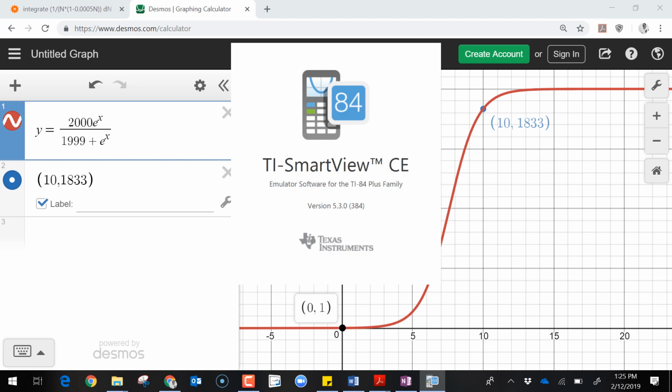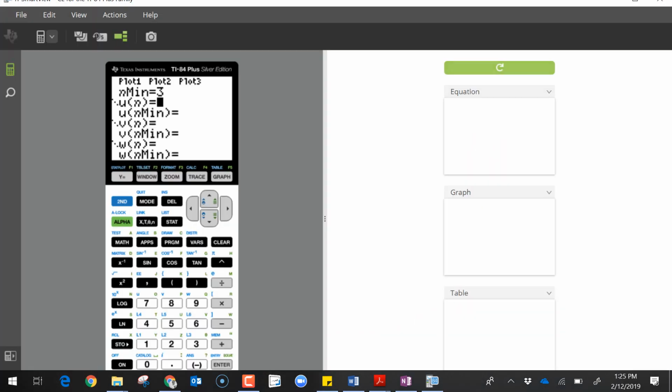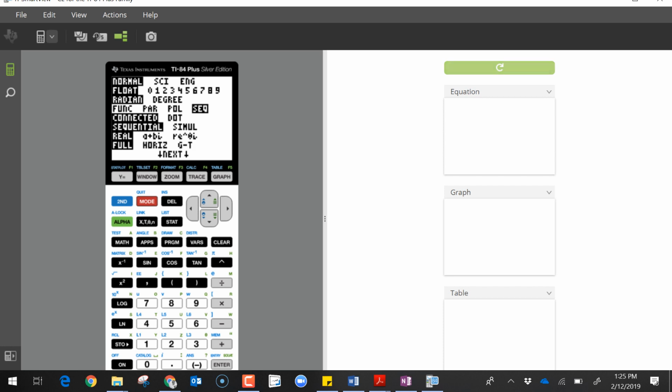And you have to properly adjust the window, right? There you go. Oh, I think I'm in the wrong mode here. Let's mode out of that. Functions.